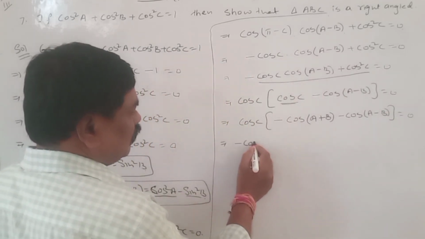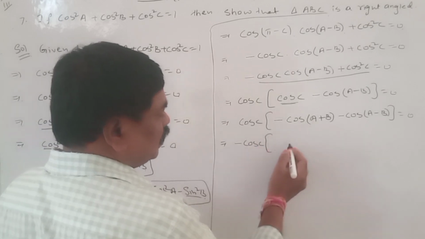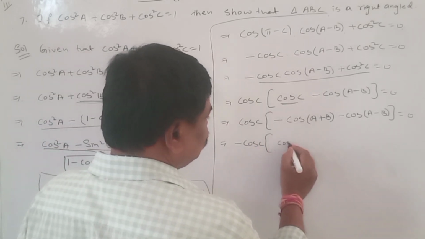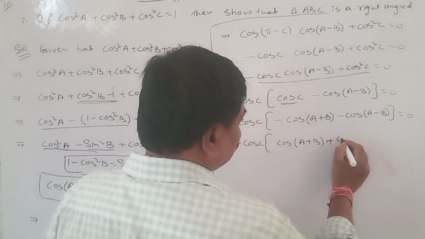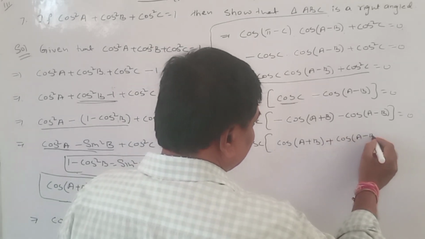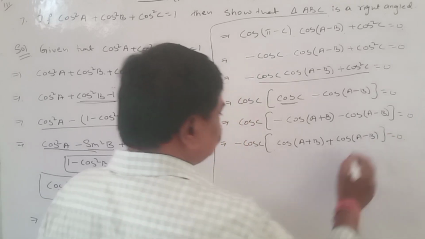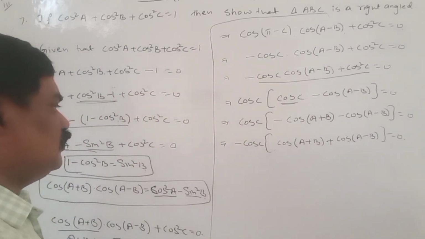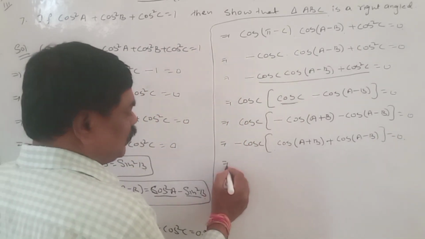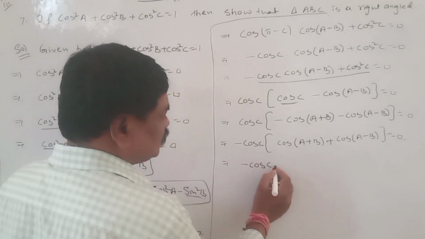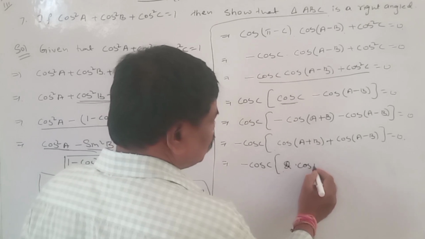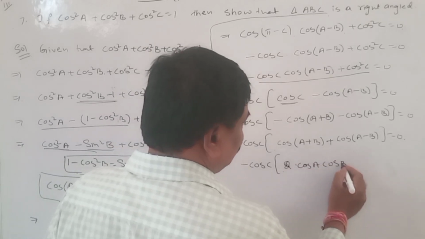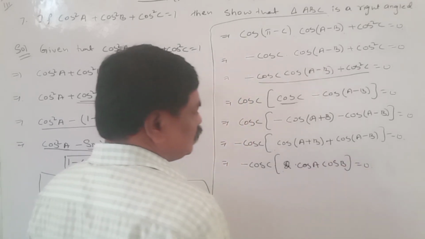Taking minus cos C common, then what is this? Cos of A plus B plus cos of A minus B is equal to 0. Here we observe this implies minus cos C into 2 cos A cos B is equal to 0. Why?